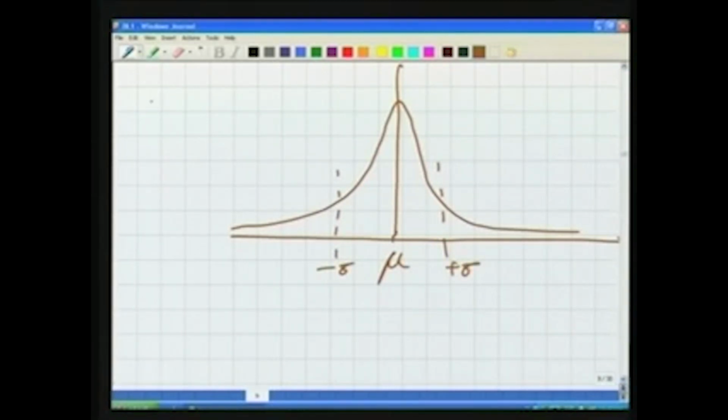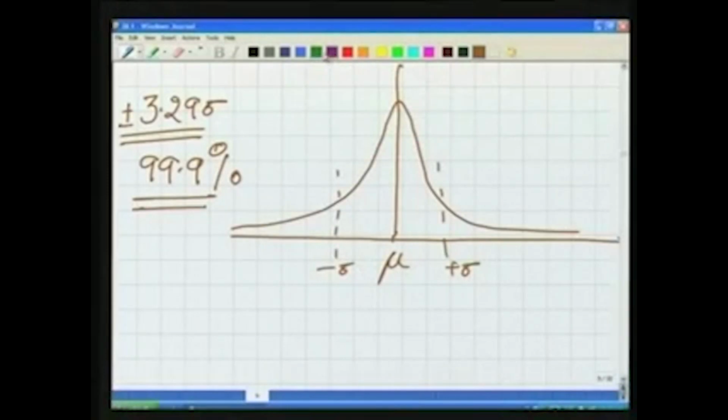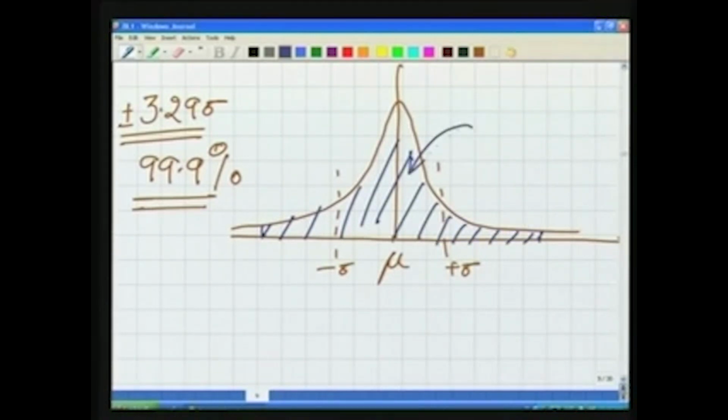Now, this 3.29 sigma plus minus corresponds to 99.9% of the area of this standard normal curve. What is the meaning of this? The meaning is, if I draw it with a different color here, this entire shaded part of the curve will have 99.9% of the data.